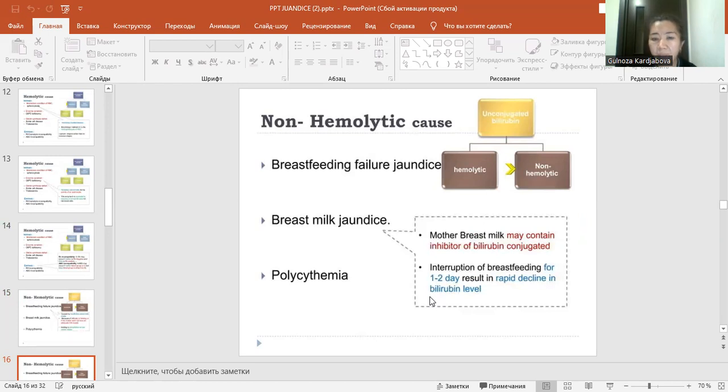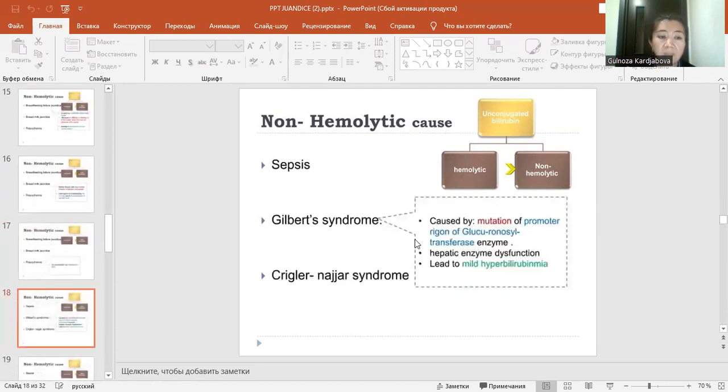If after we stop breastfeeding for 1-2 days the bilirubin level declines, we may make the diagnosis of breast milk jaundice.